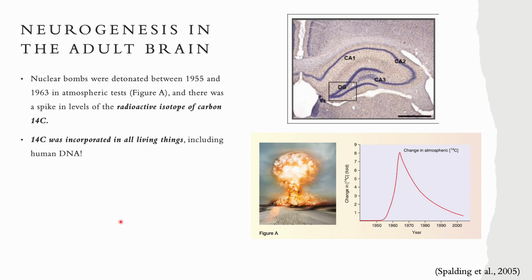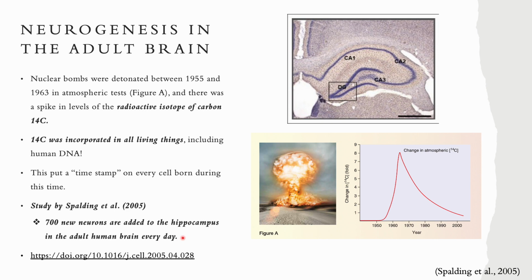And 14C was incorporated in all living things, including human DNA, specifically including the replicating DNA of human neurons. So essentially, this put a timestamp on every cell born during this time. And this allowed scientists to measure new neurons that had developed after this timestamp.